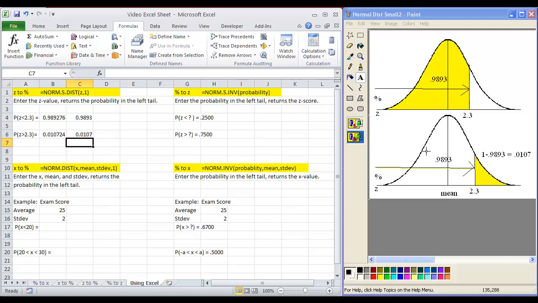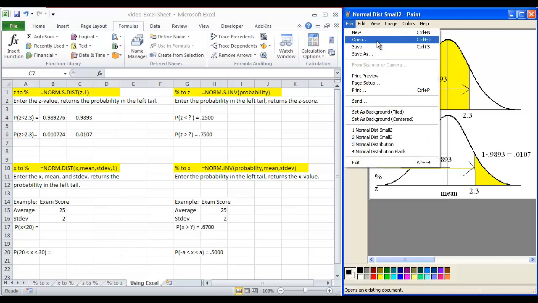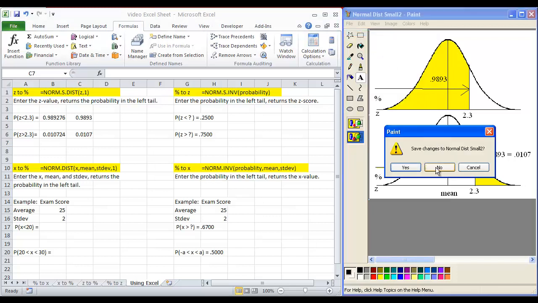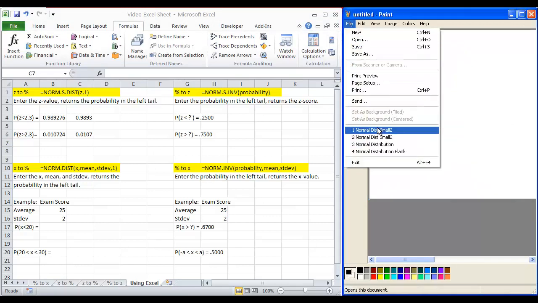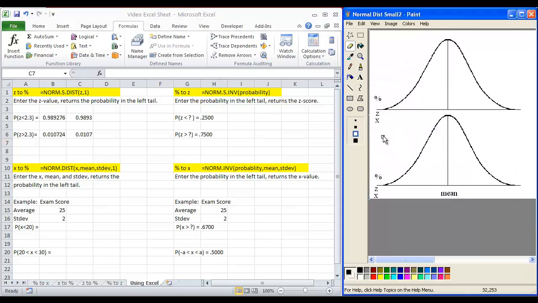Let's go ahead and look at another example then. Let's keep working between the percentages and the z values at the moment. So what is the probability? Well, the probability of z less than some number is 25%.